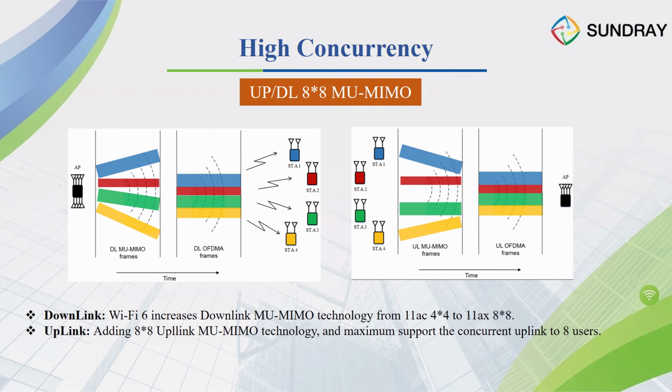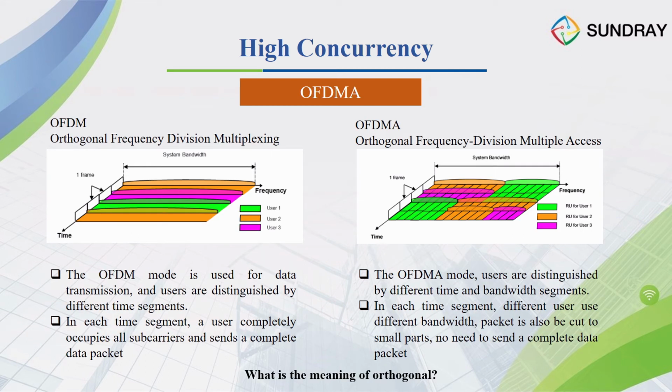Another one is OFDMA. In Wi-Fi 5, we use OFDM, orthogonal frequency division multiplexing. And when we go into Wi-Fi 6, the technology we use is orthogonal frequency division multiple access.